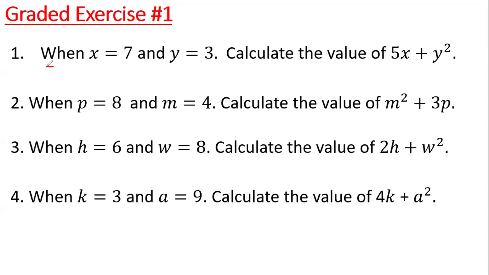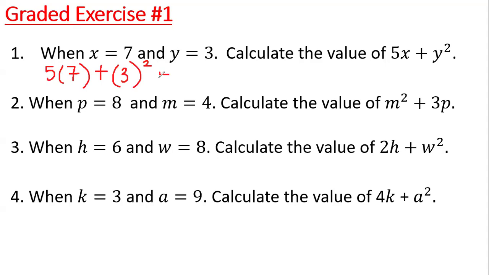Go ahead. So we have 5. Instead of putting x, we're going to put what? 7, very good. Plus y, so it's going to be 3 what? 3 squared, very good.